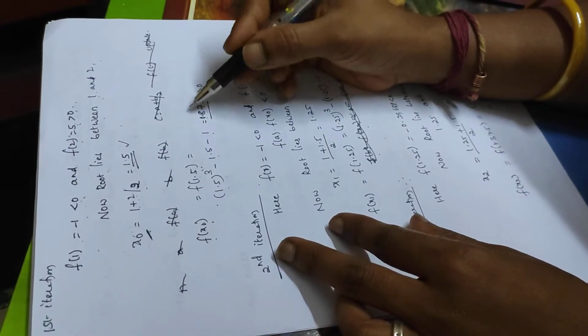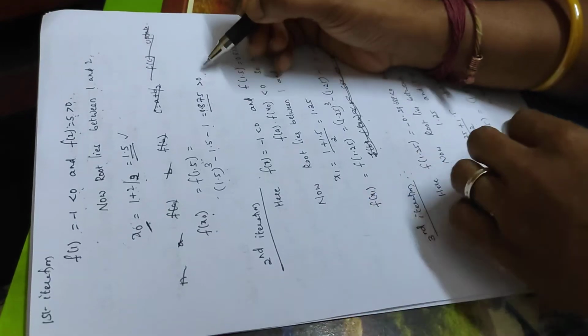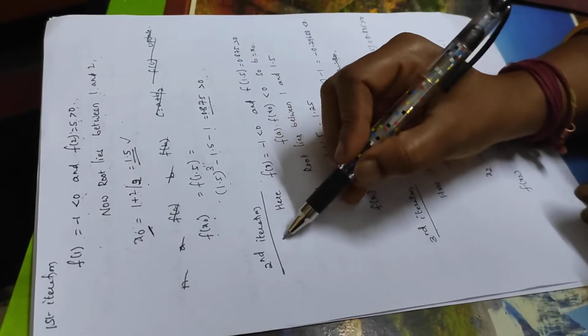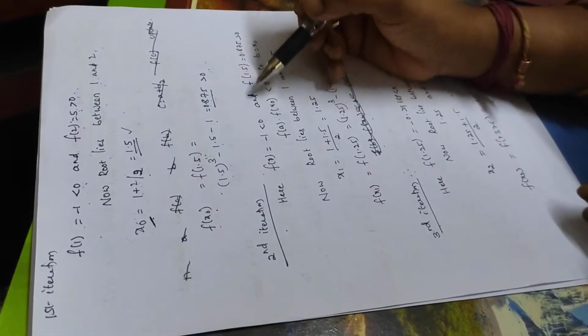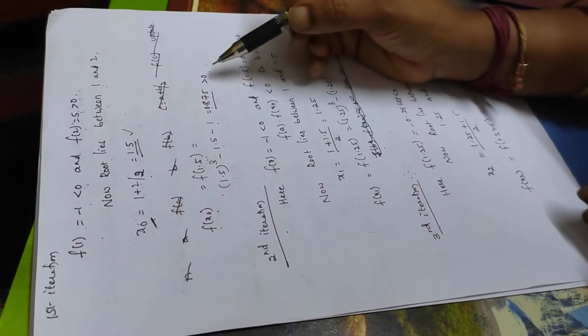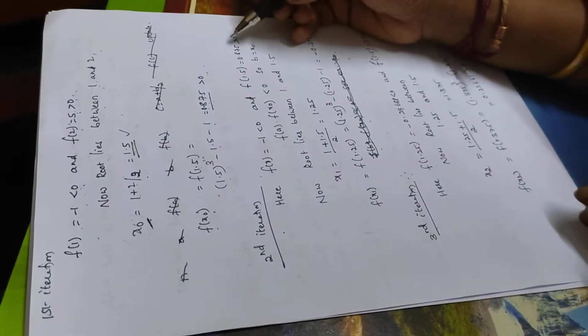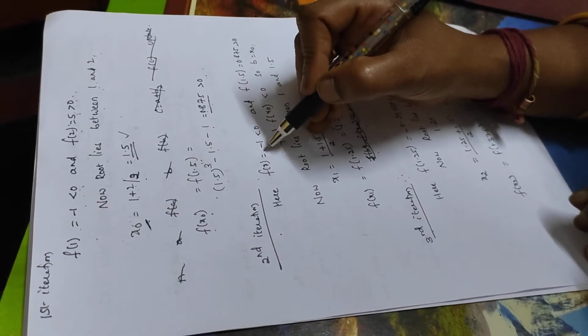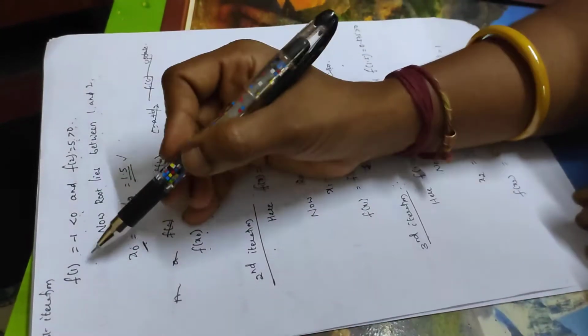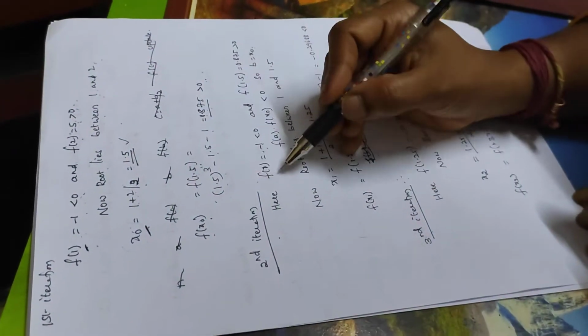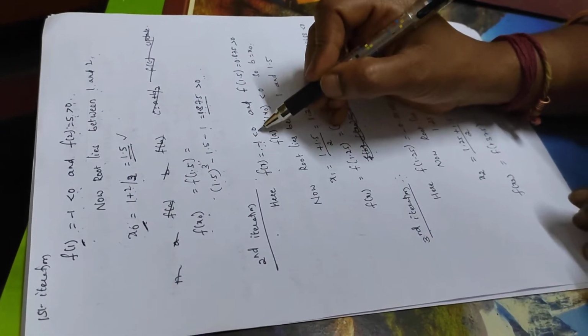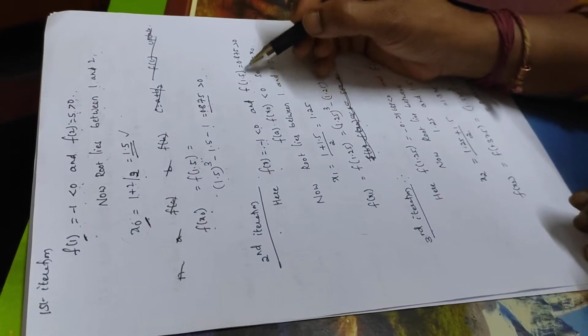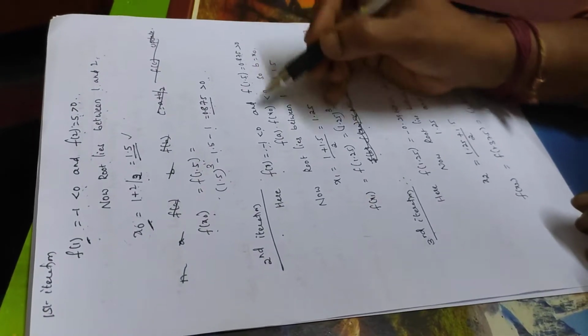This is a positive value, greater than 0. Now in my next iteration I need to choose my a and b values. Since f(x0) is positive, I take the other endpoint with the different sign, which is f(1). f(1) equals minus 1, which is less than 0, and f(1.5) is 0.875, which is greater than 0.